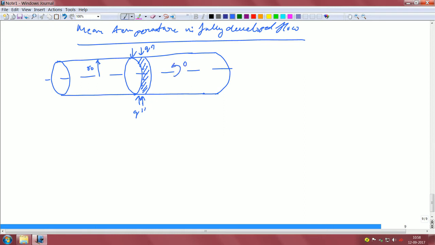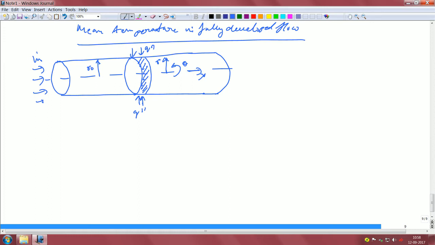Theta is obviously in this direction. So, it is theta symmetric. So, this way is x, that way is r, right. Okay. So, there is of course an m dot amount of fluid that is flowing through this particular pipe.